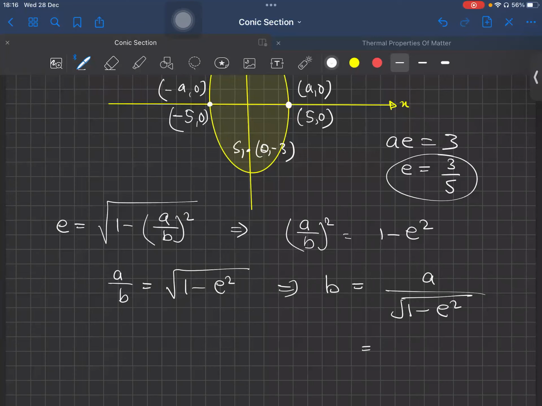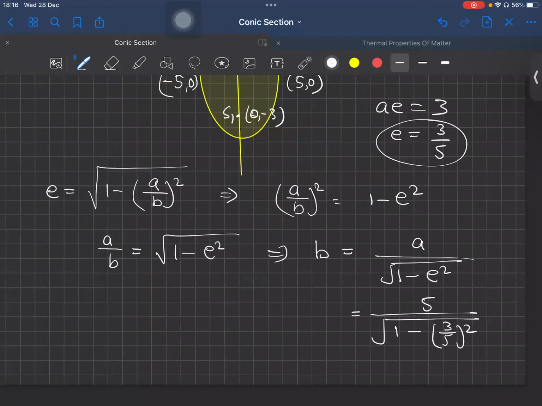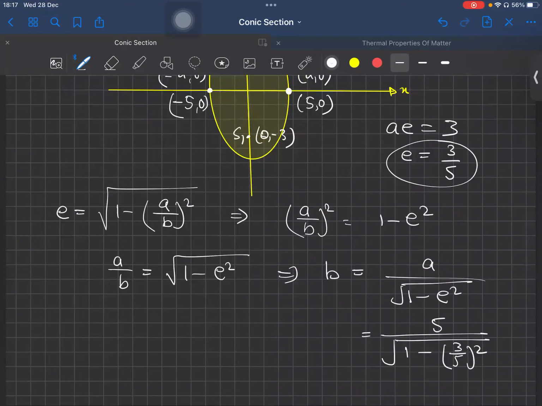So A will be how much? A is already given, 5. Square root of 1 minus E, which is 3 upon 5 whole square, right? So you substitute it. Tell me the value of B. How much will be B?